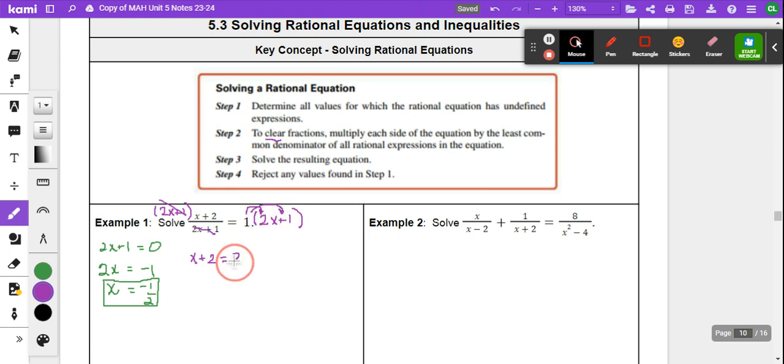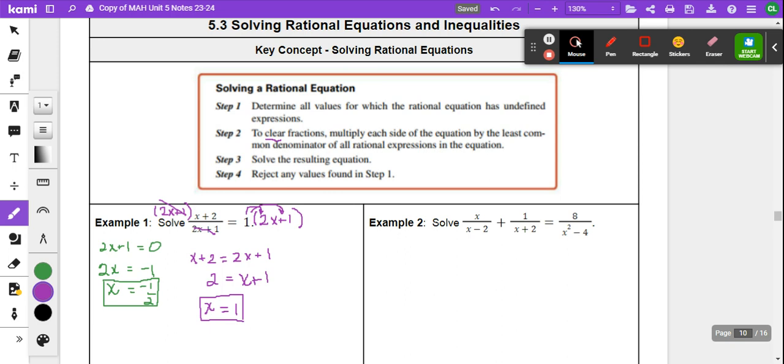So that's 2x plus 1. Solving, I'm going to subtract my x. And then when I subtract my 1, it looks like I'm getting a value of x is equal to 1. That was actually step 3, to solve the resulting equation once you've cleared the fraction.